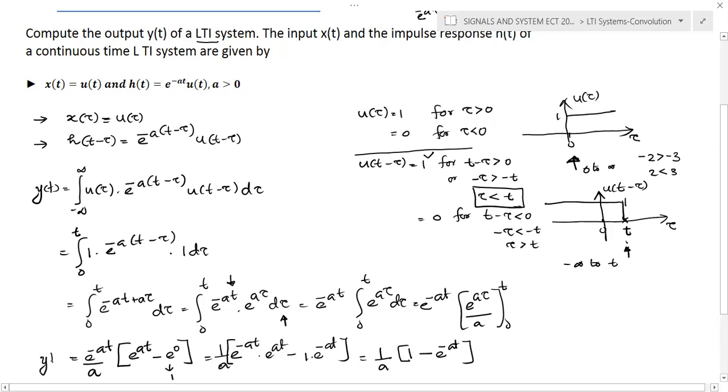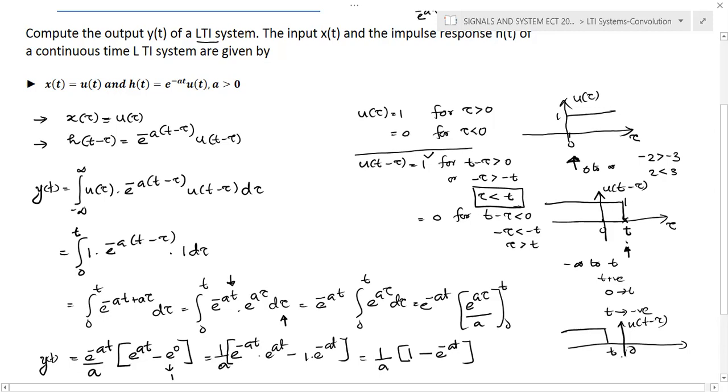This is y of t, and we need to write one more case. If t is positive, you will get a common area from 0 to t. And what happens if t is negative? If t is tending to negative, your waveform will be like this: u of t minus tau will be like this.